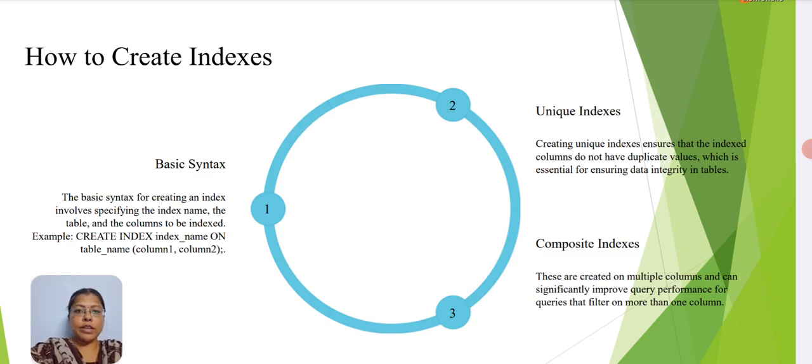So we need to create a unique index to avoid duplication in indexing. Next are composite indexes. These are created on multiple columns and can significantly improve query performance for queries that filter on one or more columns.